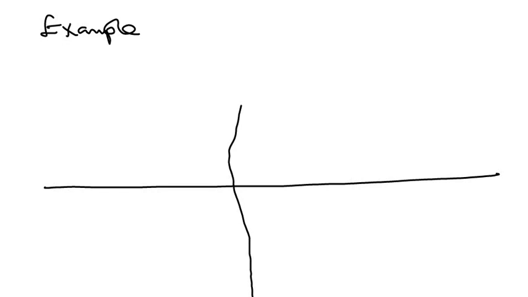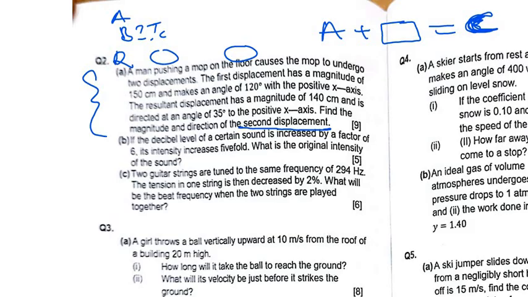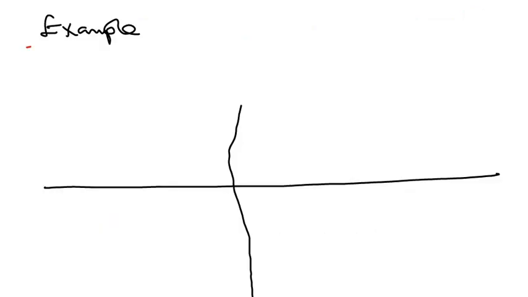So it's up to us now to make use of the information given. They're saying 150 makes an angle of 120. 120 is in the second quadrant. We'll call this A. This is 150 centimeters. The angle here is simply 120.